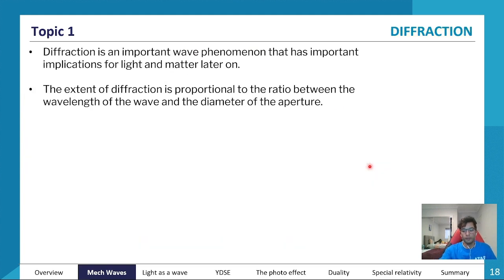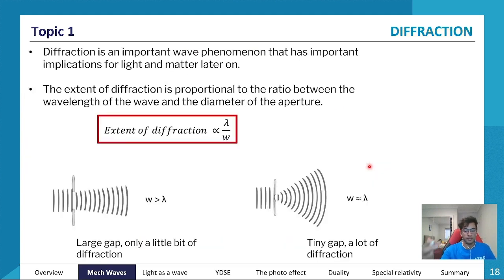And so we can combine all this information, and we get this sort of formula. The extent is the wavelength divided by the width. The thing is, this is not really a formula, because diffraction is not something you can measure.